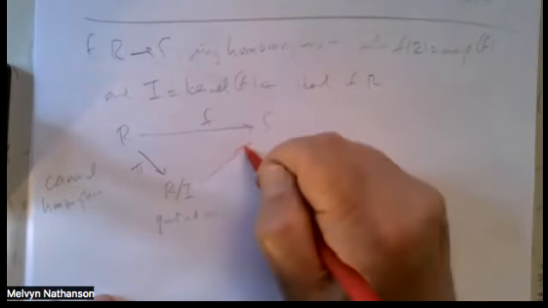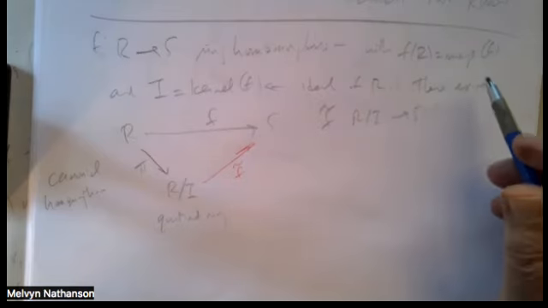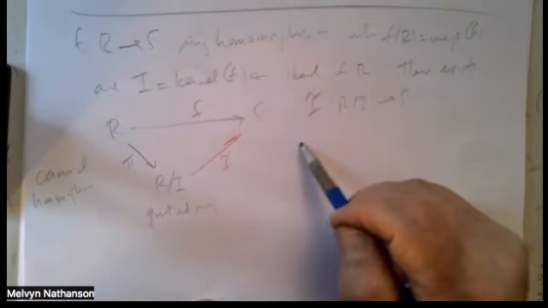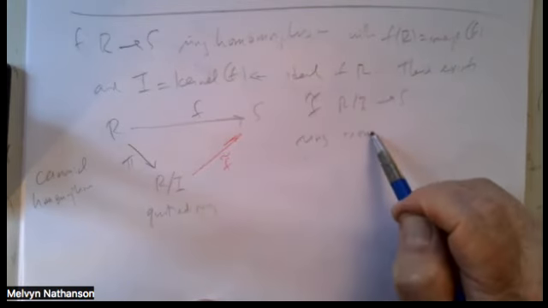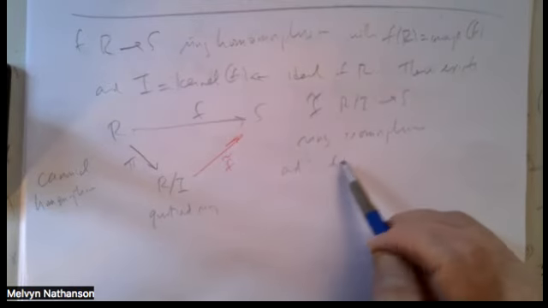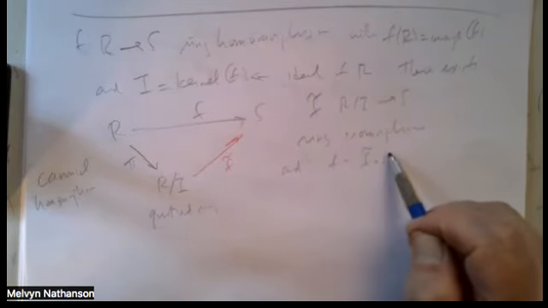So I claim I can define a function f tilde from R mod I to S which is a ring homomorphism, and in fact, it's an isomorphism. And f is the composite of f tilde composed with pi.